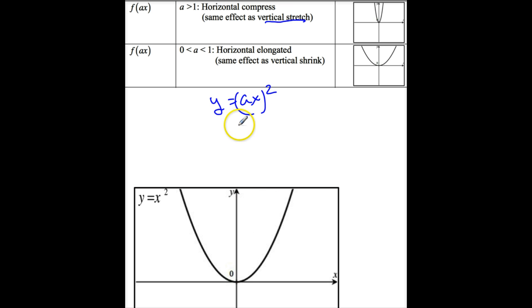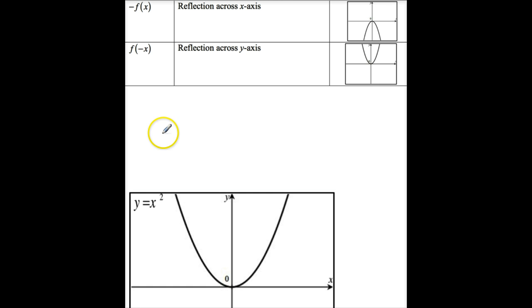This is our base function. So this is a squared x squared in this example. So we'll have some sort of horizontal compression or elongation based on whether a is greater than 1 or less than 1.